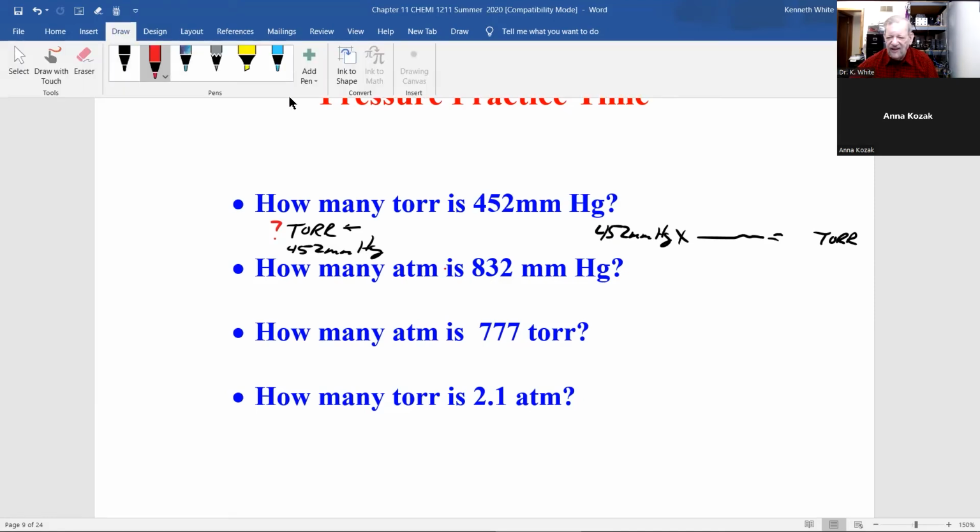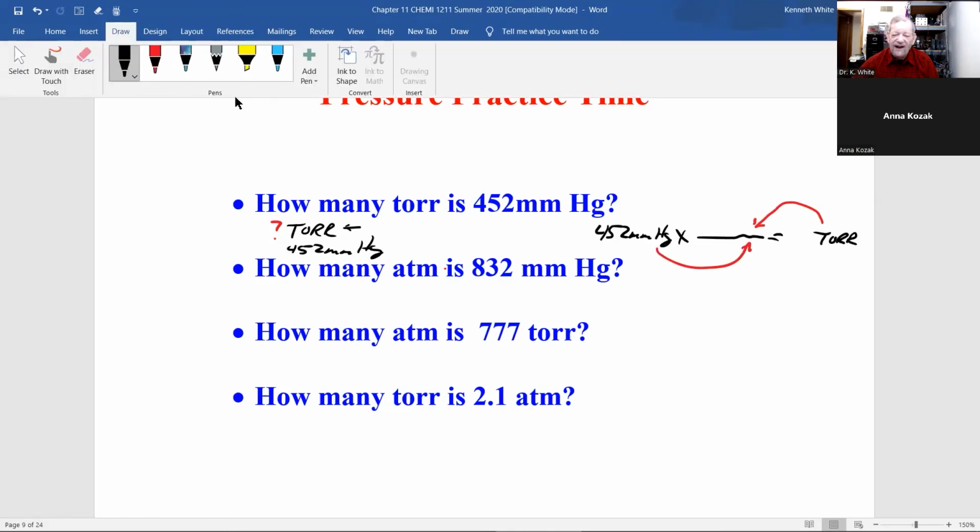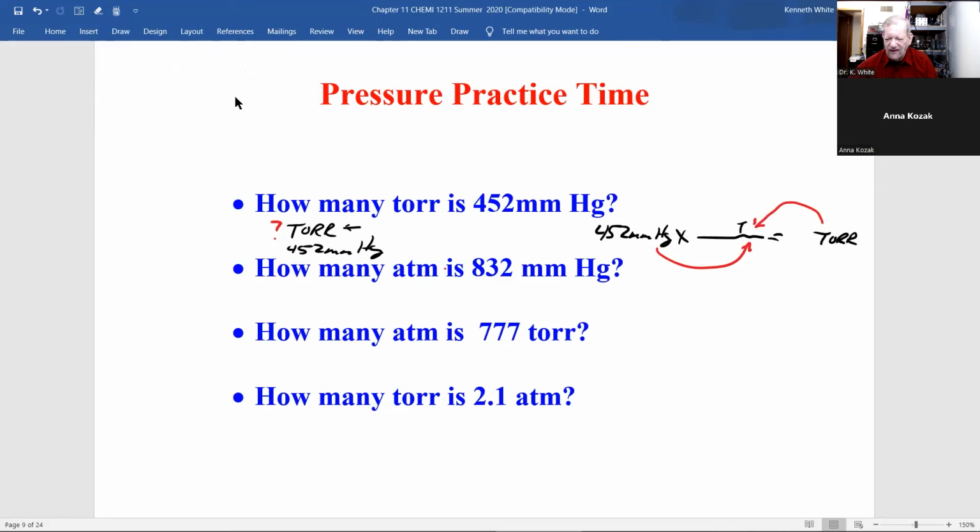And how do you use your good buddy, your good friend, unit analysis? Whatever you're trying to get to goes on top of the ratio. Whatever you're trying to get rid of goes underneath. And now I'll write those units in. Torr. And where do I find a relationship between torr and millimeters of mercury?